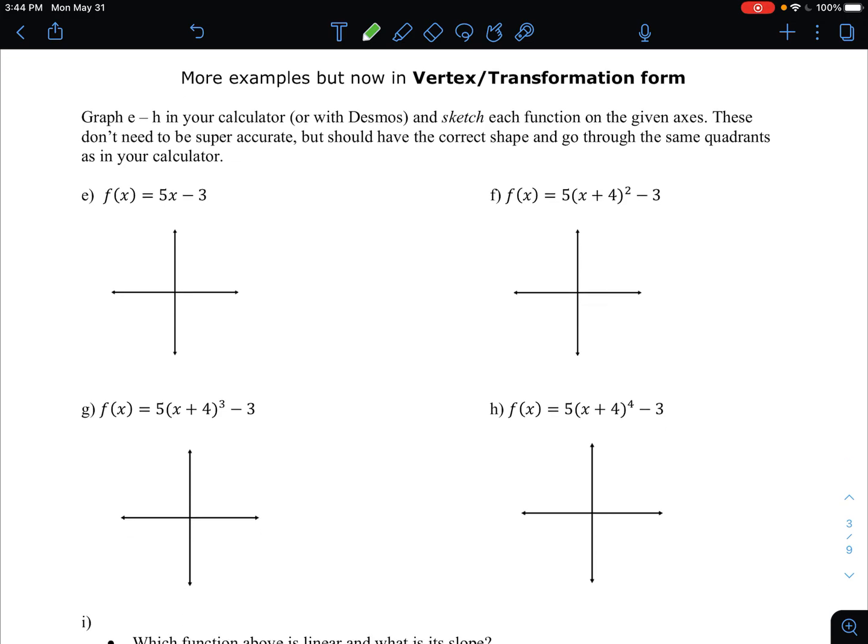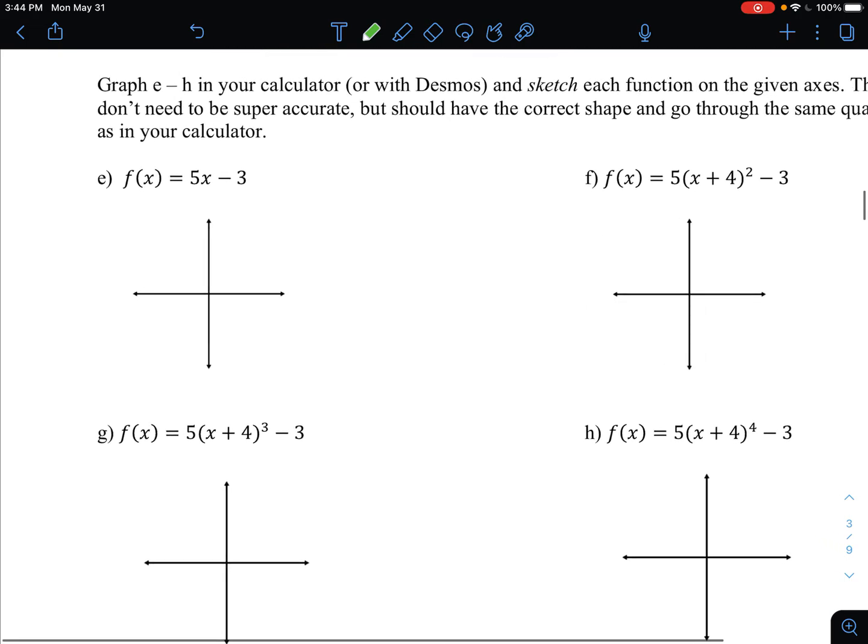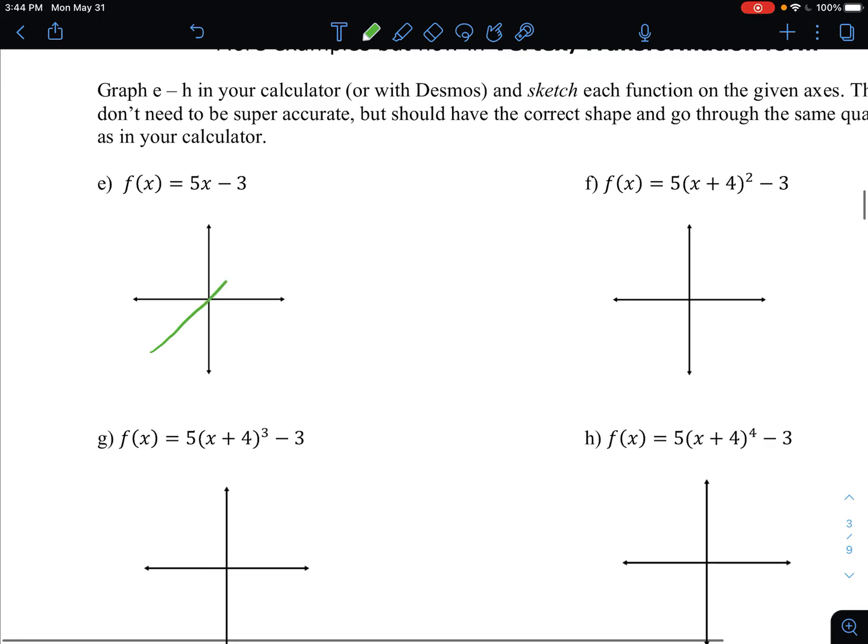So even when we have more exotic things, we can get a rough sense of what these look like by transformations. So, for example, here in green is y equals x. We could look at this and think of it in terms of transformations. The 5 that we're multiplying by makes it 5 times as tall.